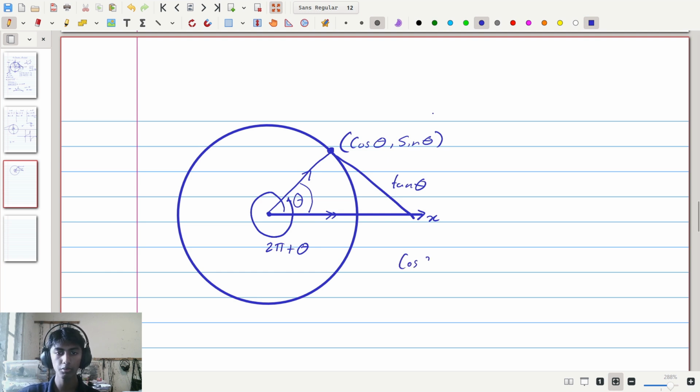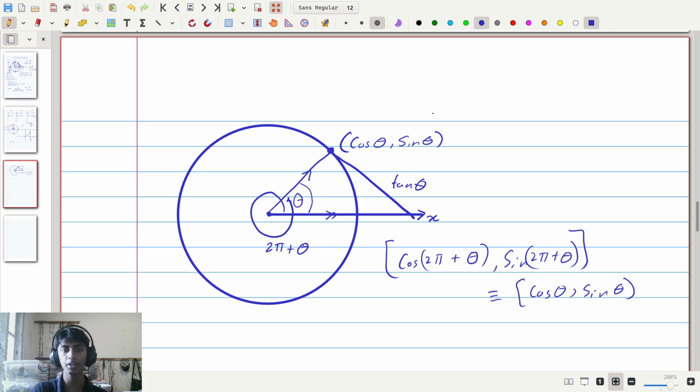So what this means is that cosine of 2 pi plus theta, sine of 2 pi plus theta is the exact same point as cos theta, sine theta, because I did the rotation and I came back to the same exact point.